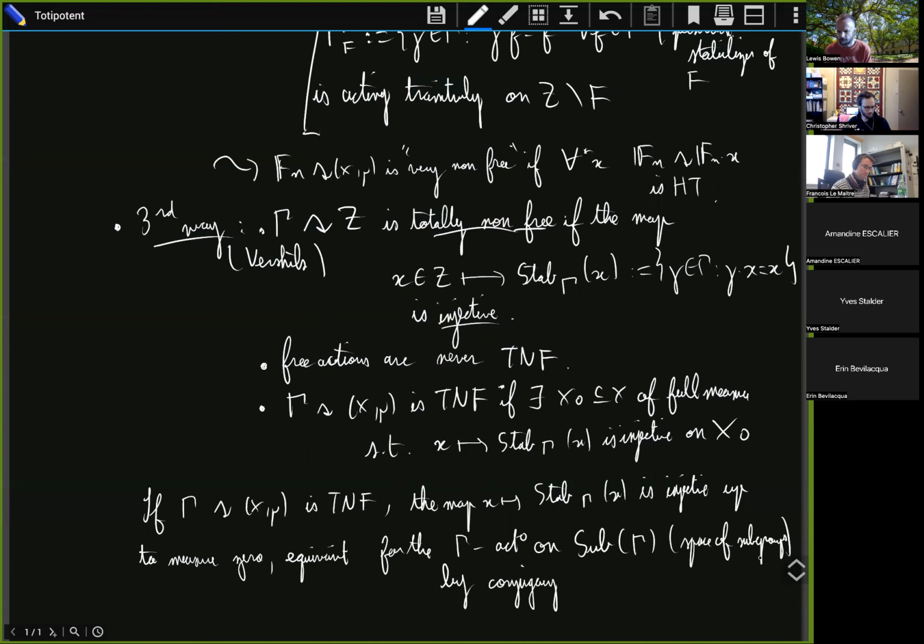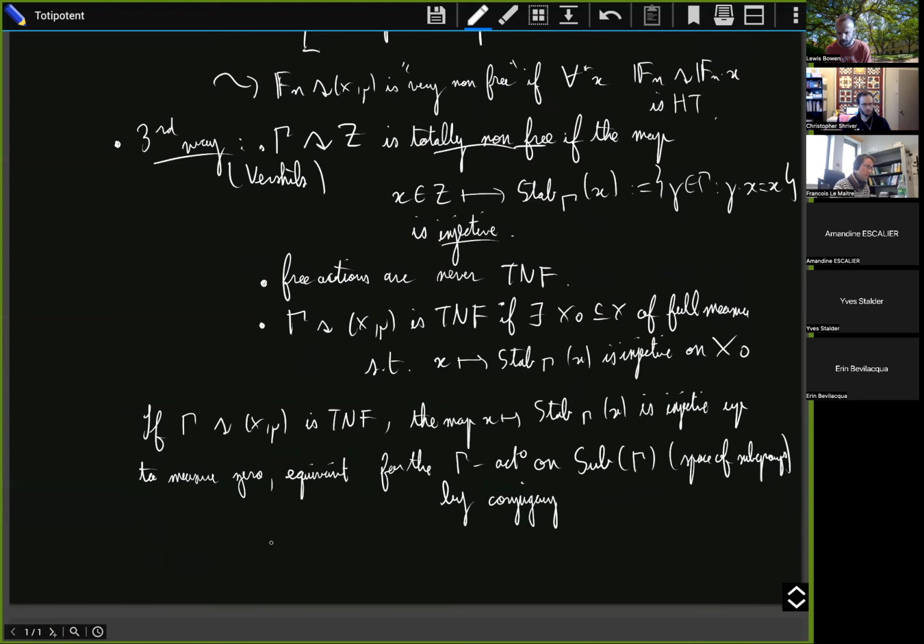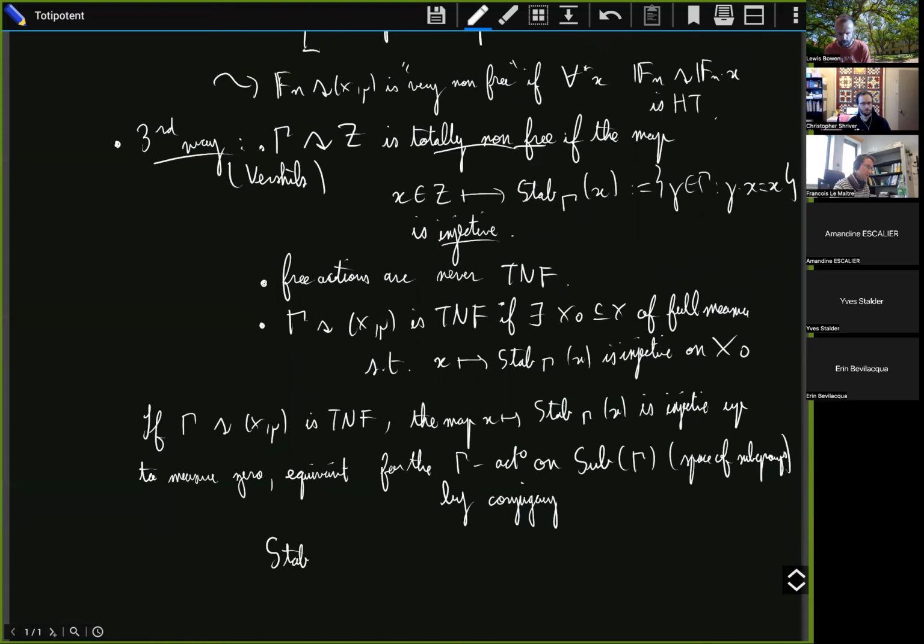All I'm saying is that the stabilizer of gamma x is gamma Stab of x gamma inverse, for every x and for every gamma.